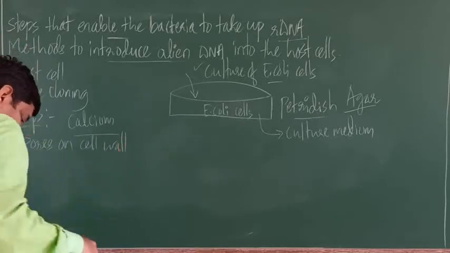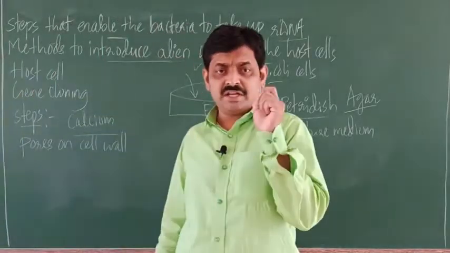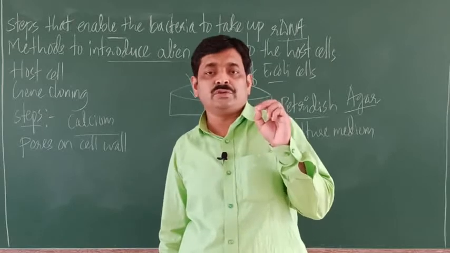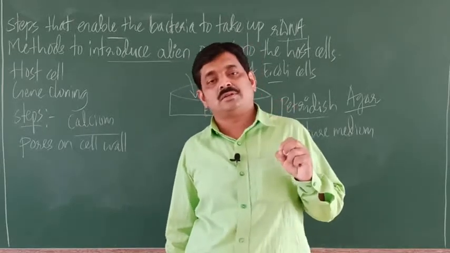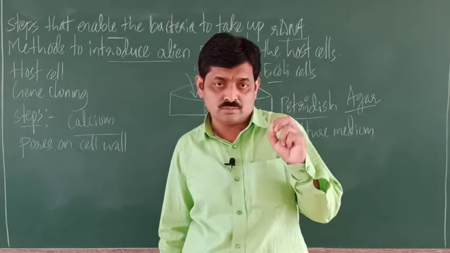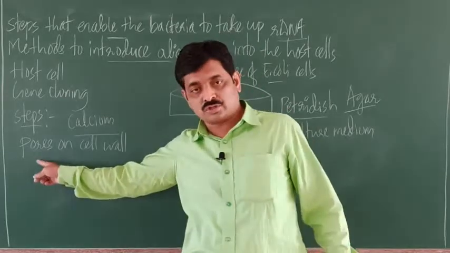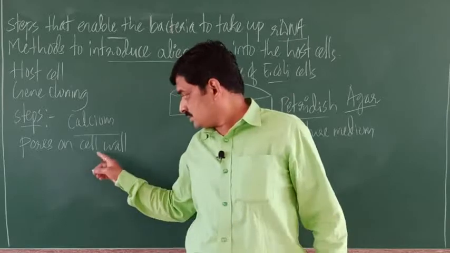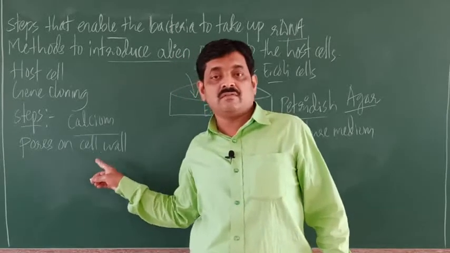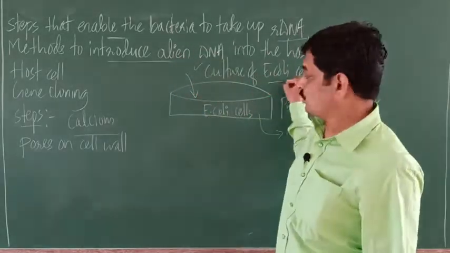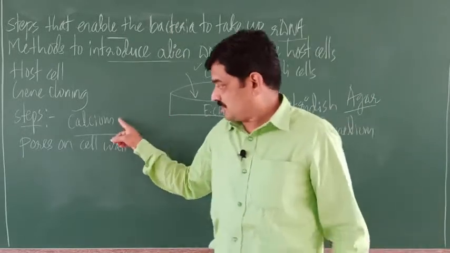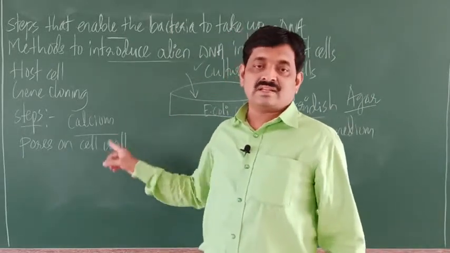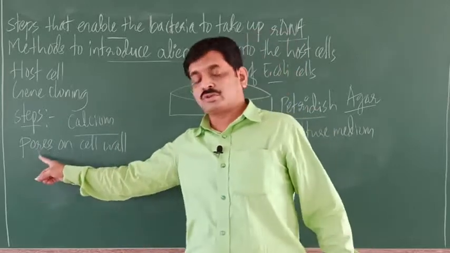Pores are very small or very minute openings, they are called pores. So pores are present on the cell wall of E. coli cells. This calcium has a direct effect on the pores.